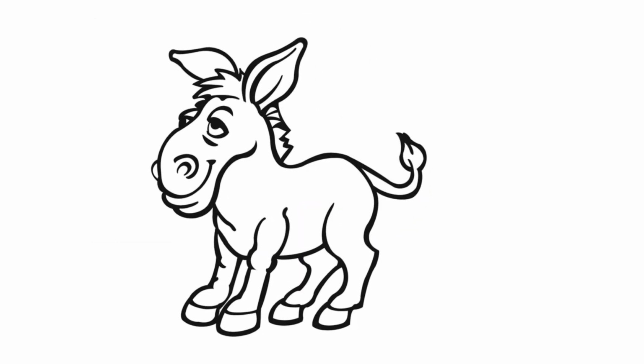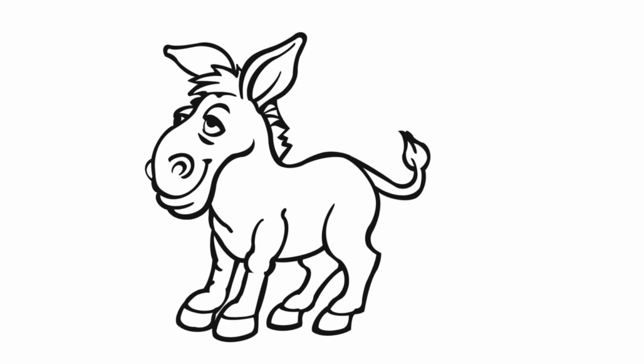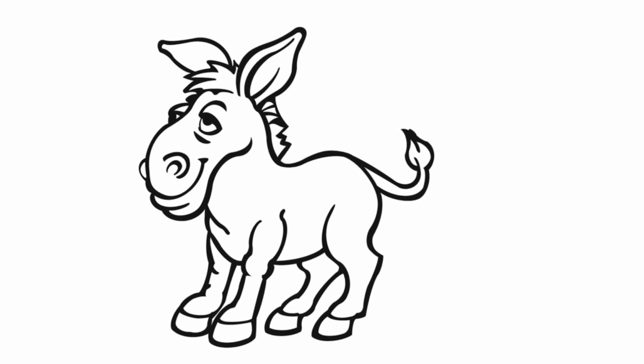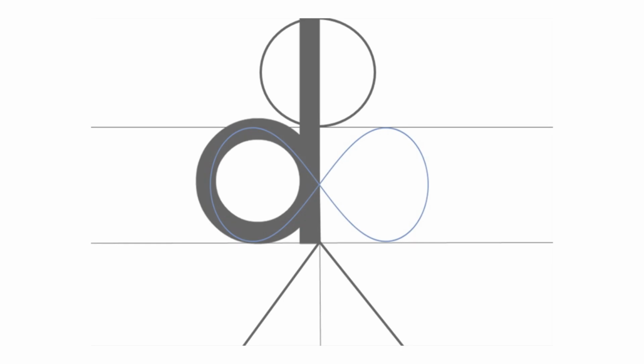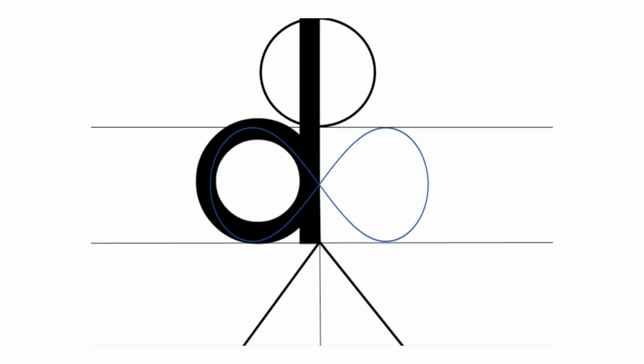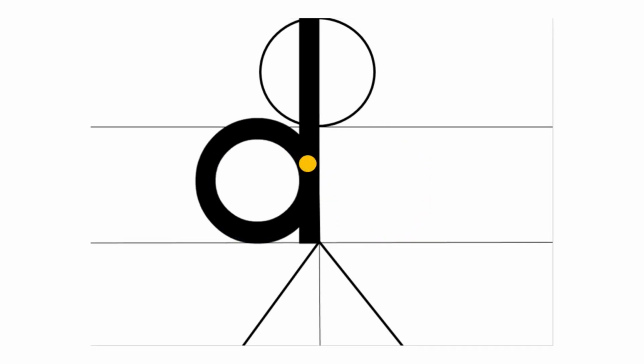This is a picture of a donkey, yes, and the word donkey starts with a D, yes, and the D is always shaped to the left of me. So where do I start? On me. Why? Because I'm the most important person in the whole wide world.